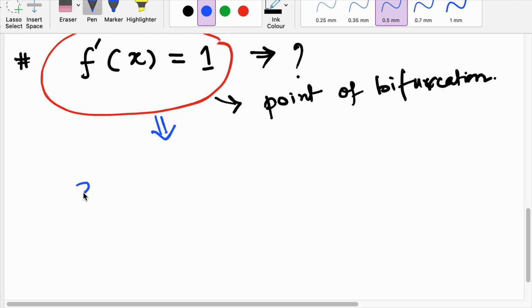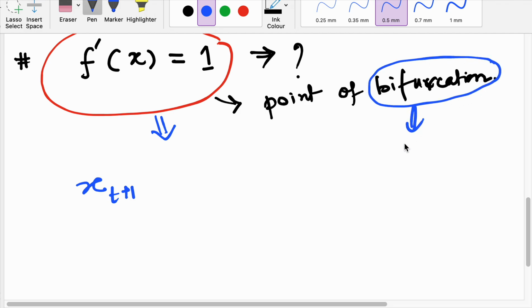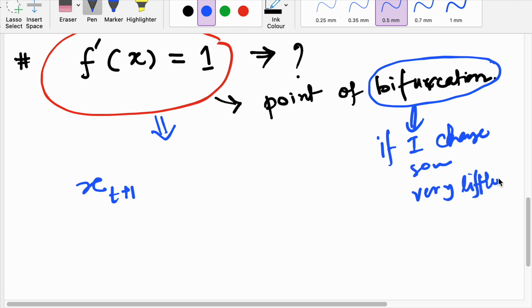Suppose we have the logistic equation x t plus 1. The motivation to study bifurcation is this: bifurcation means that if I change some parameter a little bit, very little, the system behavior will be different altogether.